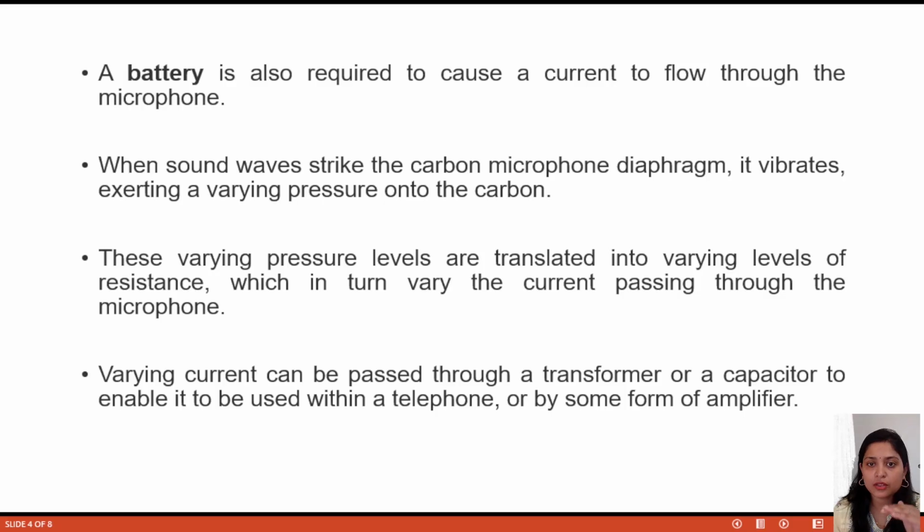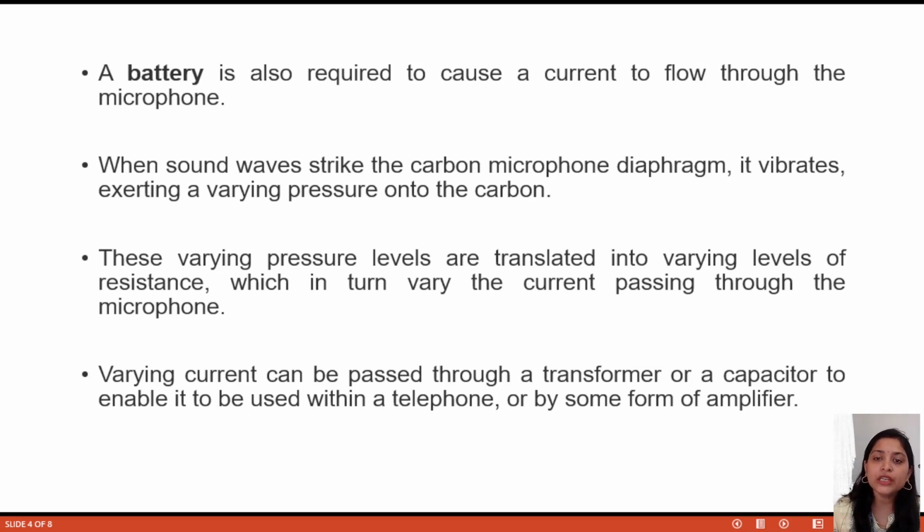When we are speaking, sometimes the voice is very high, sometimes low. So the pressure varies, and when it hits the carbon granules, the resistance value also varies.